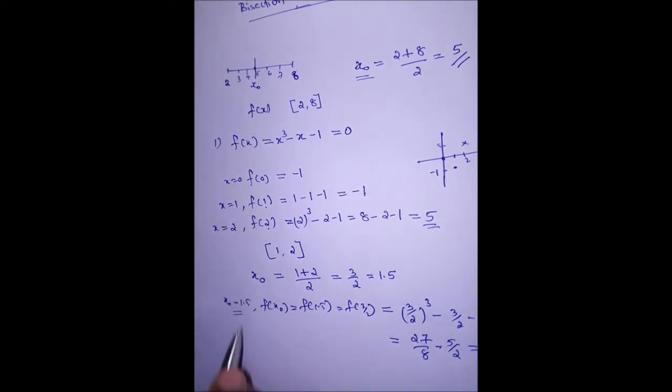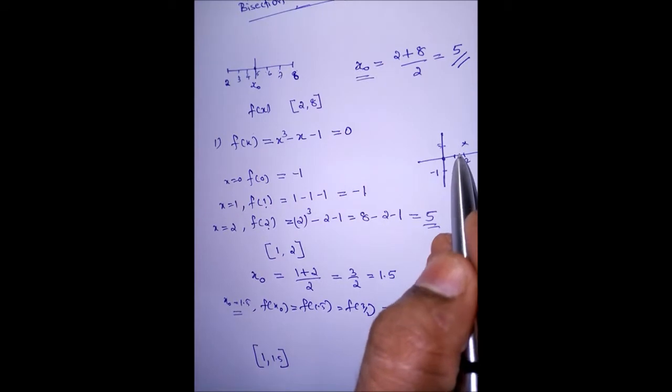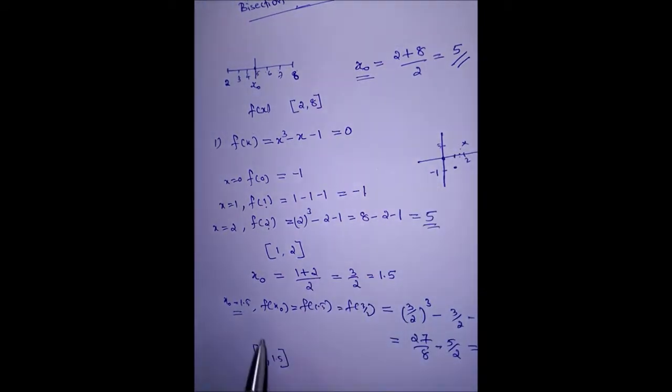That means the root lies in between. Previously f was negative, minus 1 at 1, and now it is positive at 1.5. Previously the positive value was at 2, now we have reached 1.5, and it is positive. Now the root is crossing in between 1 and 1.5.